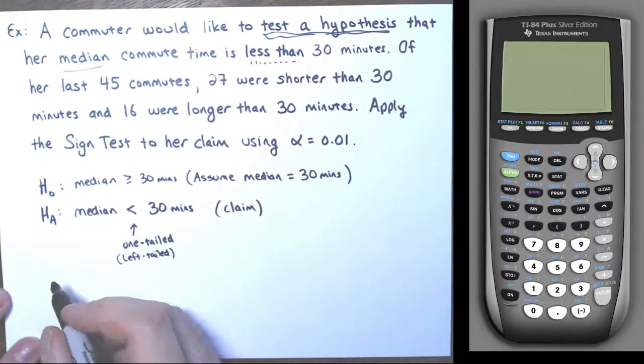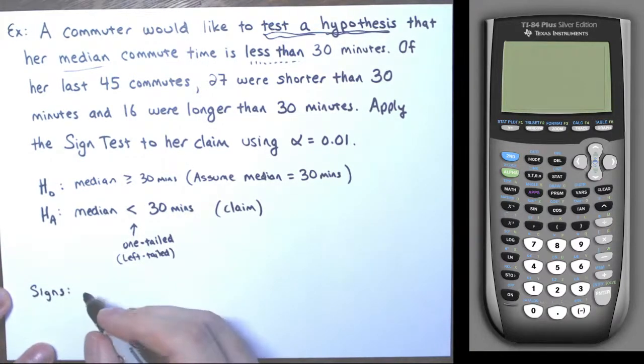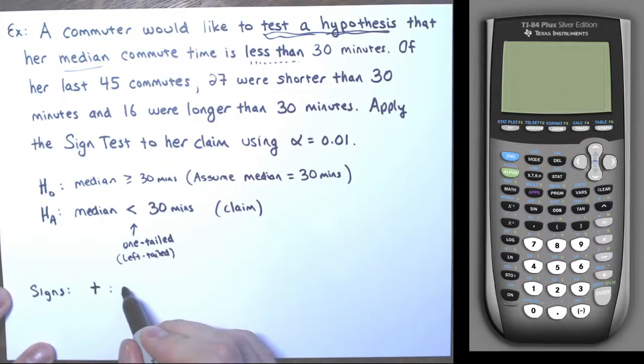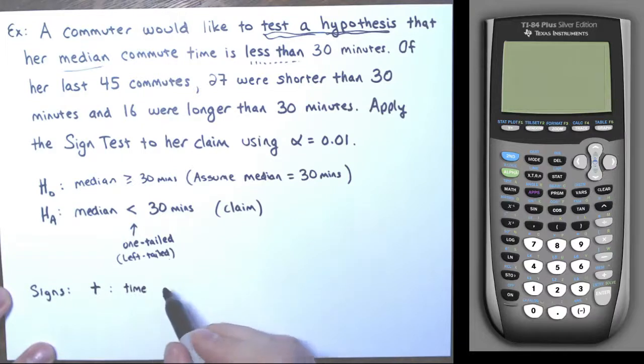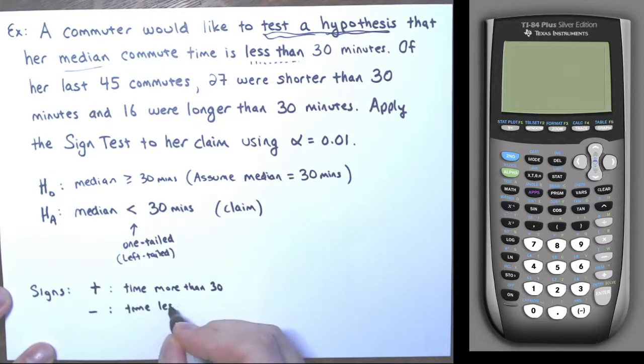Now the signs. I'm going to assign a plus sign if the commute time is more than 30 minutes, a minus sign to a commute time less than 30 minutes, and a 0 if she has a commute time equal to 30 minutes.